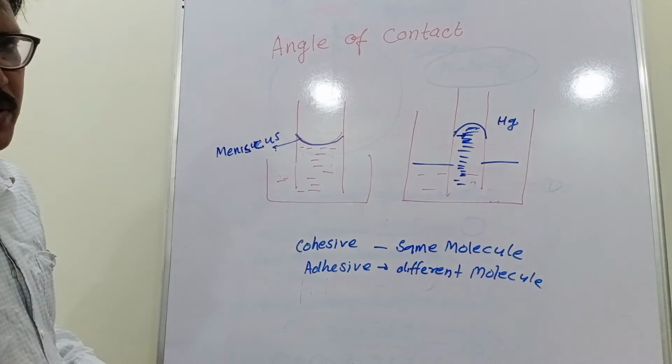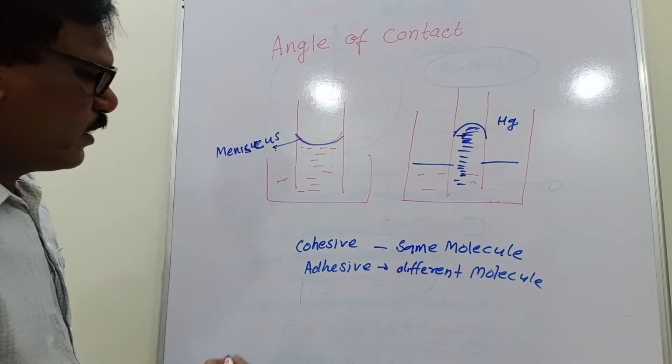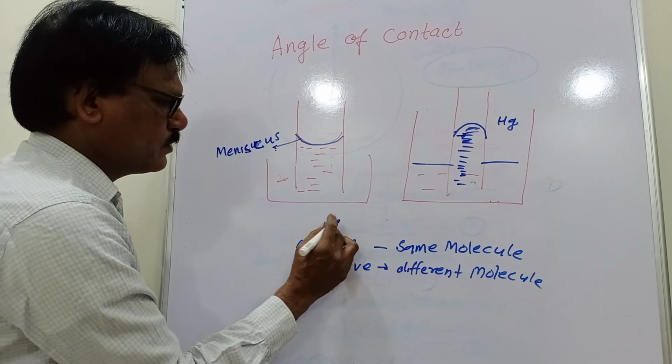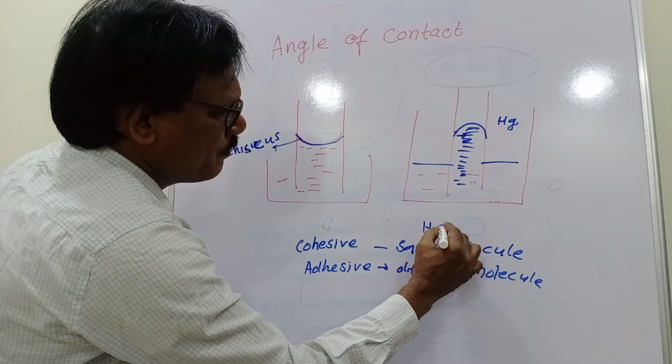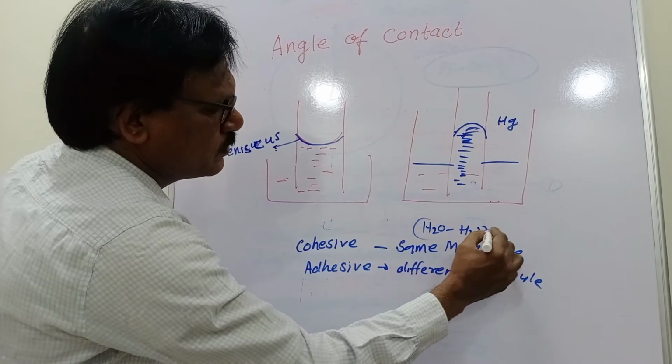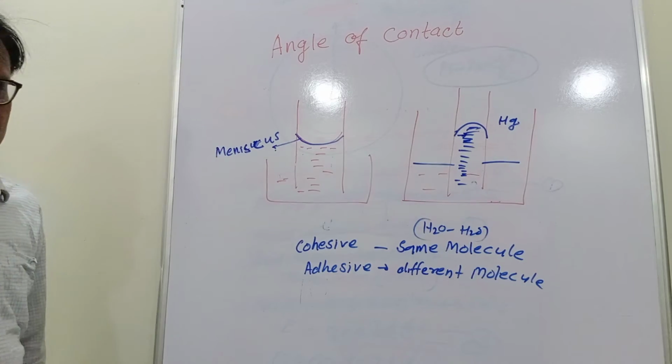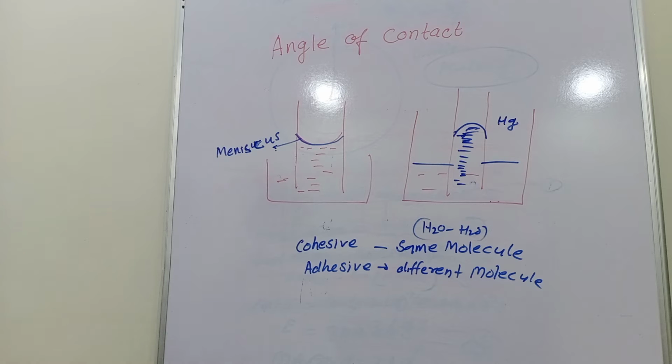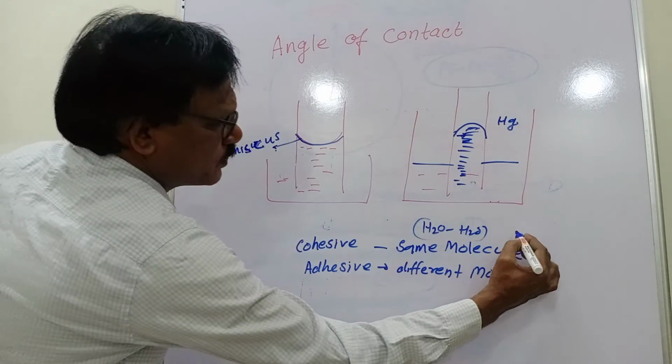When we take the force between water and water, the same molecule, H2O, H2O, so water molecules, when the molecules are the same, the force between the same molecules is called cohesive force. And for mercury molecules, it is also cohesive force.